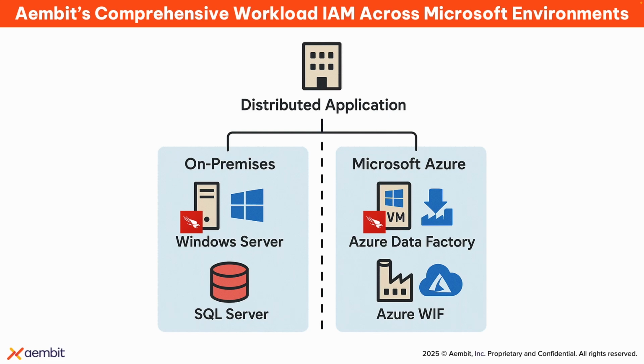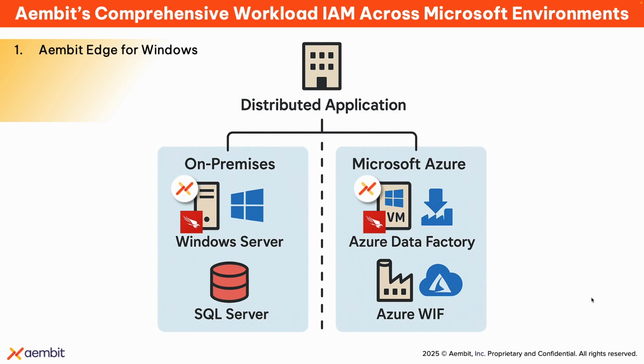So what does Aembit actually provide that makes this happen? So first, it's the Aembit Edge for Windows. We supported Aembit Edge on Linux, in Kubernetes. We support it for various functions like AWS Lambda or Azure Functions.